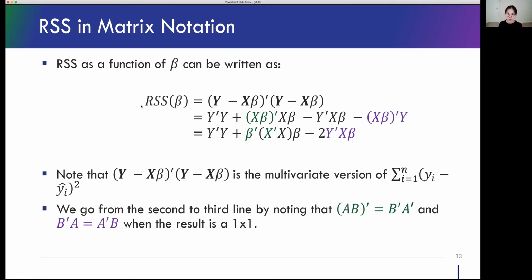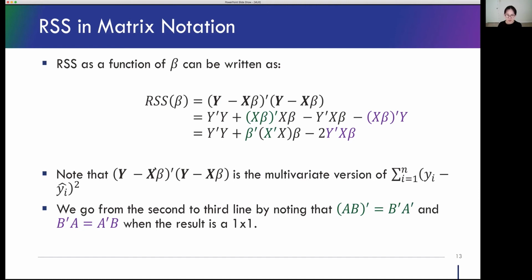And again, as previously, we get the residual sum of squares in matrix format. This is the multivariate version of the summation. If you write it in calculus format, it will be really messy. For the multivariate version of the calculus format, you will get a headache.